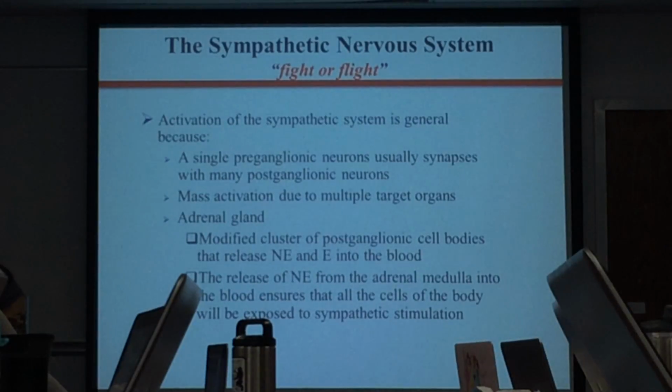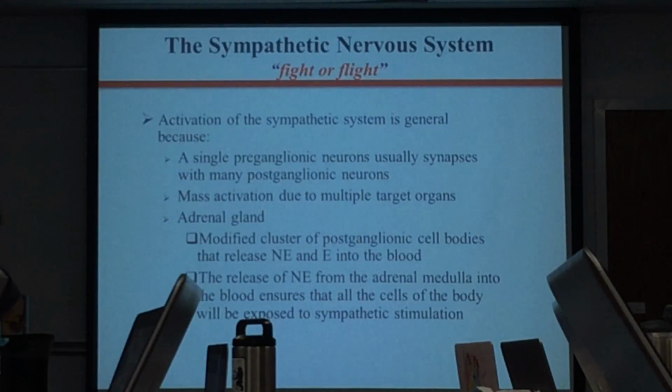The activation of the sympathetic system is general. As I said, one single preganglionic neuron usually synapses with many postganglionic neurons. So there's no one-to-one ratio, not like in the CNS, where a lot of times it's one to one.